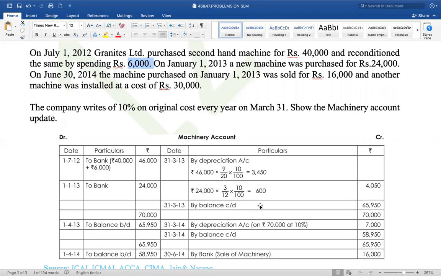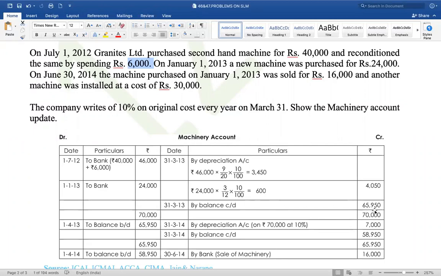The total of debit is 70,000, and the highest total we take on both the sides, that's a convention, 70,000, and there is a depreciation of 4,050. Deduct that 4,050 from 70,000, and the balancing figure you get is 65,950. The 65,950 is balance carried down.